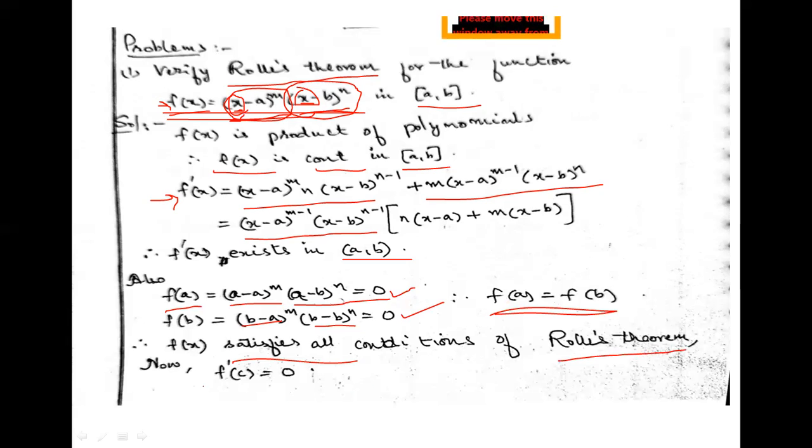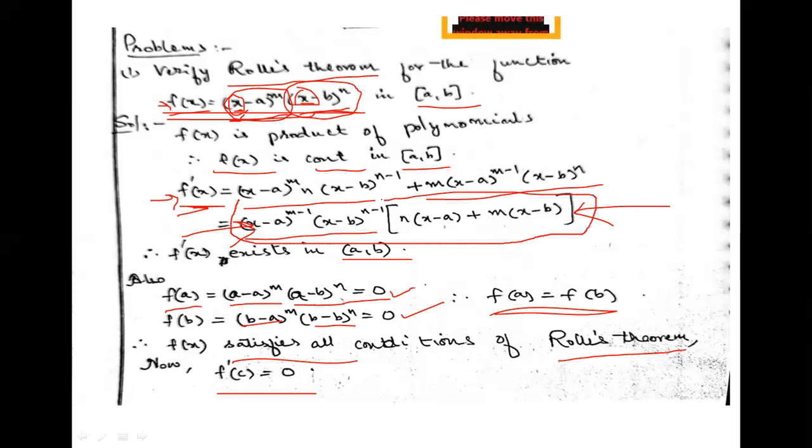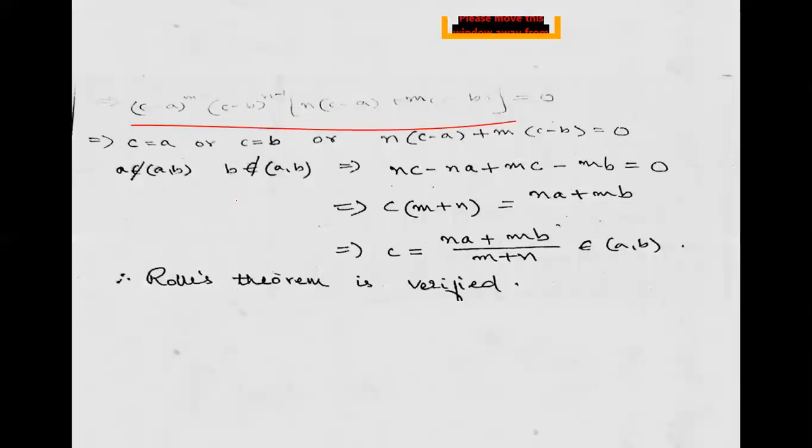What is Rolle's theorem? F dash of c is equal to 0. Now let's apply. In the differentiated equation, instead of x, we are going to substitute c. So we have got this differentiated equation f dash of x.